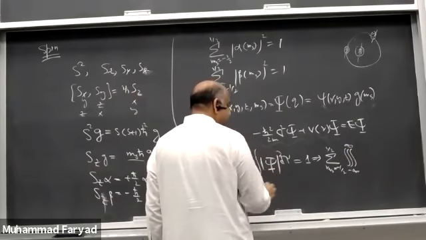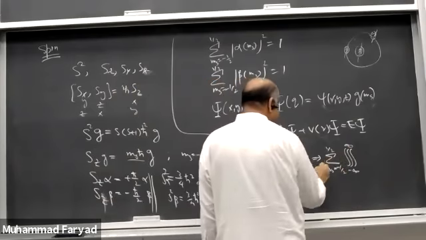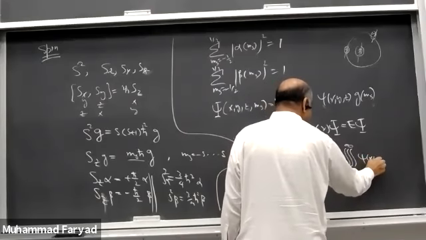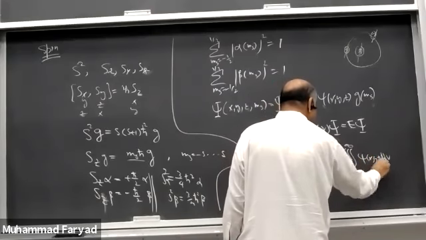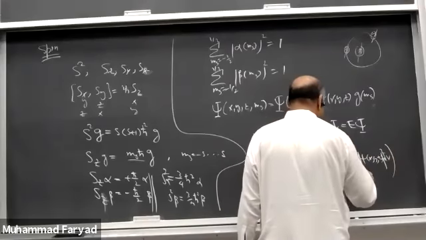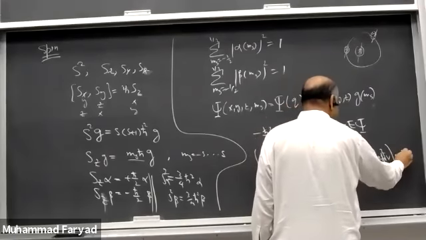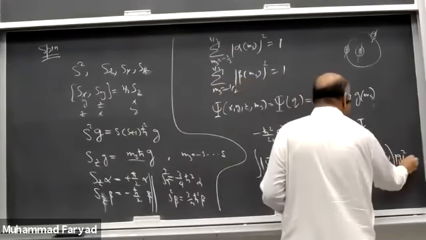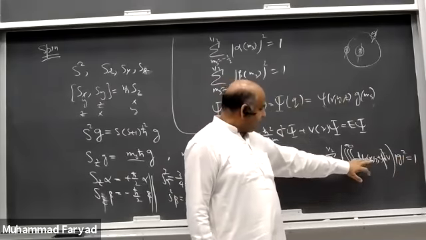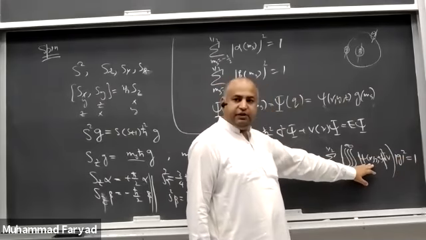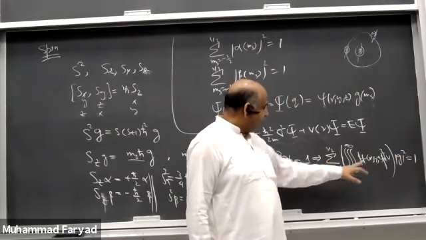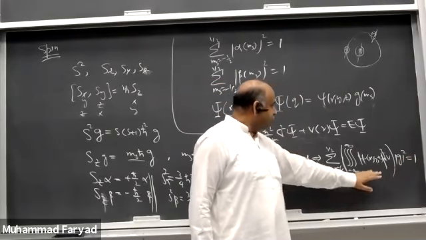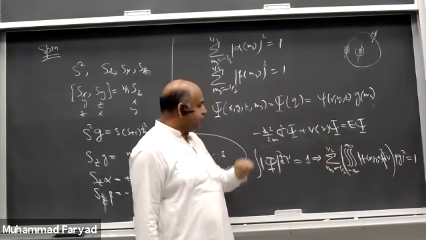So this essentially translates to this: we have integration with respect to spatial coordinates, meaning x, y, z, and then a sum over the spin coordinates. So this is the normalization condition now when we have spin as well in our wave function.